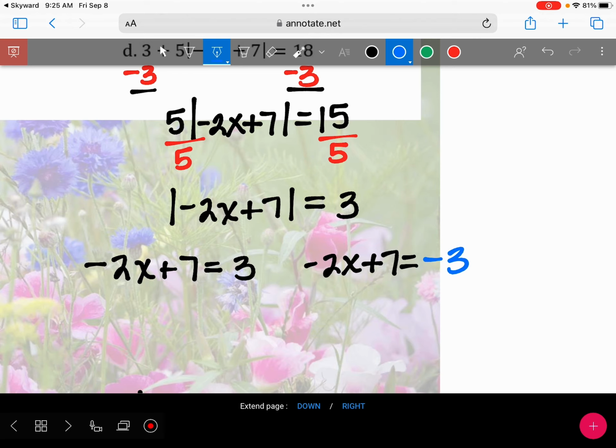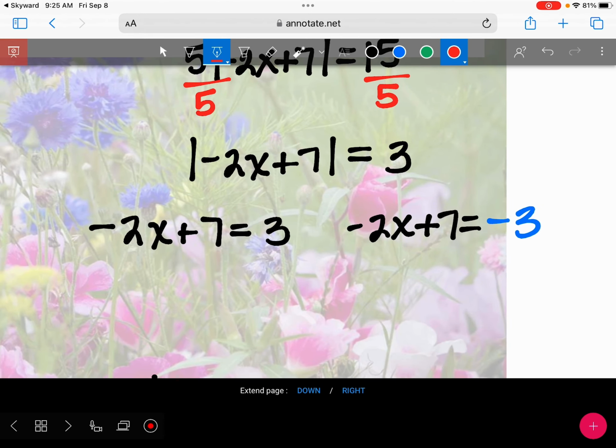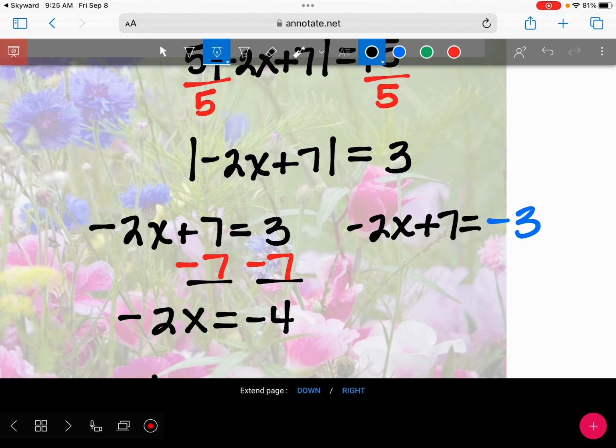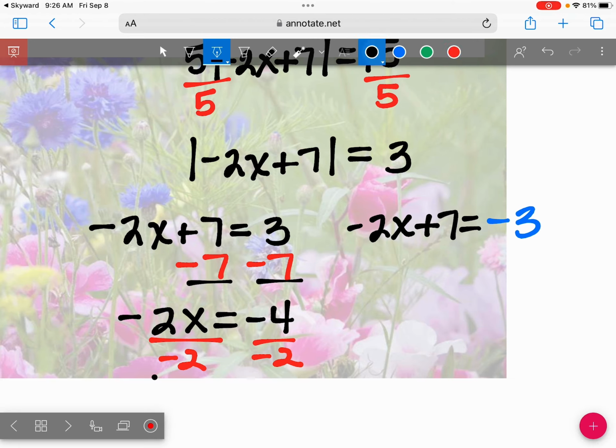Okay, so subtract 7, which would be -2x equals -4. Divide by -2. And x equals +2 is your first answer. Who got x equals +2?